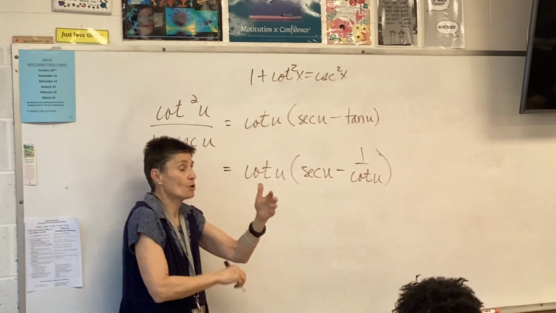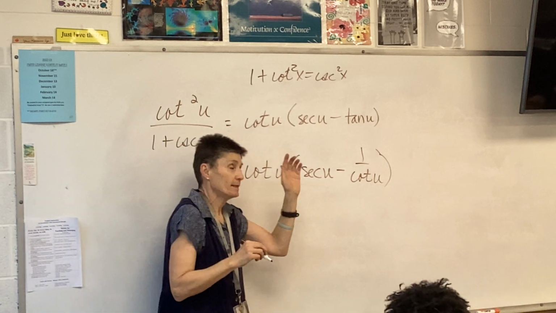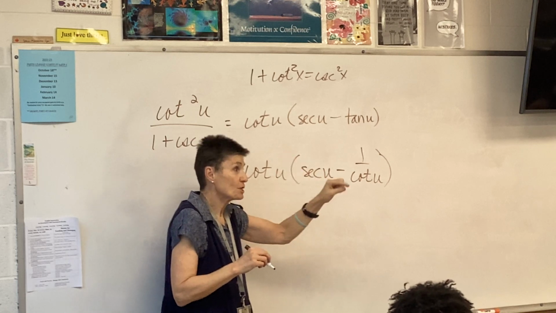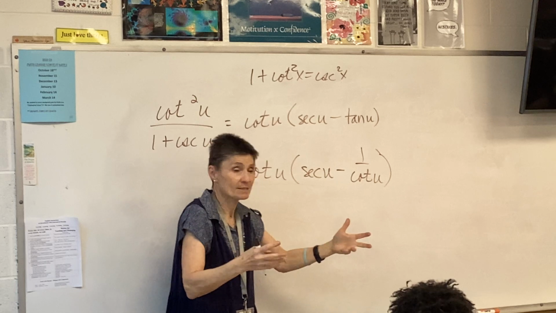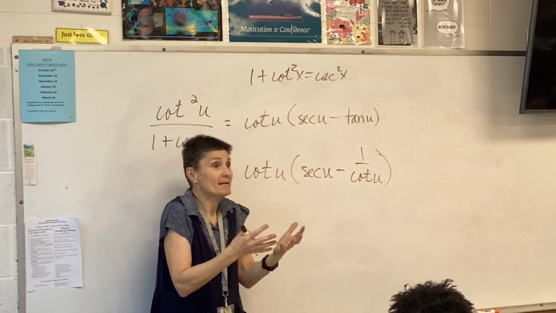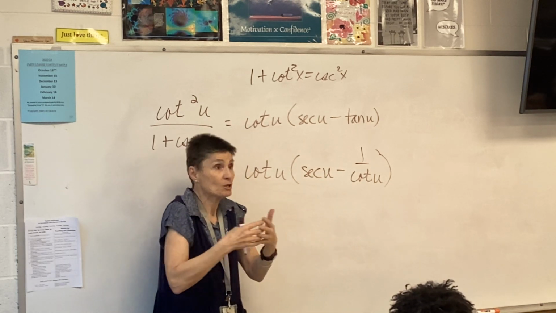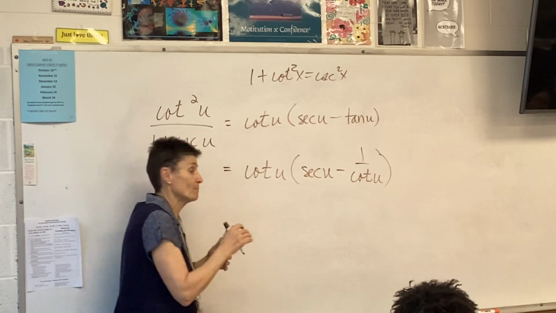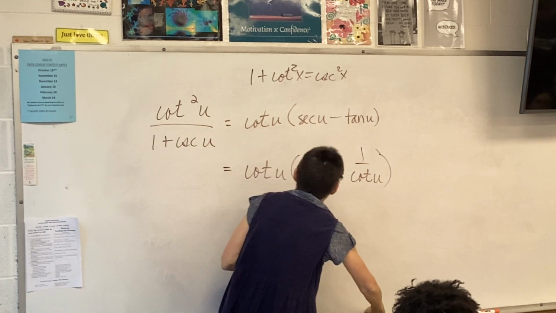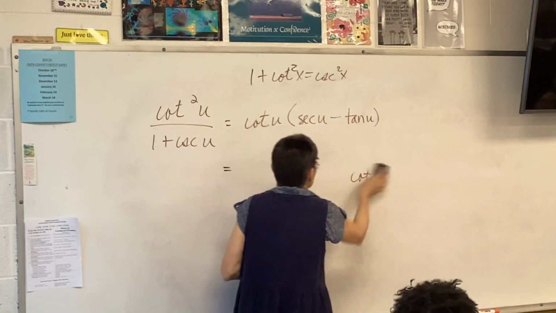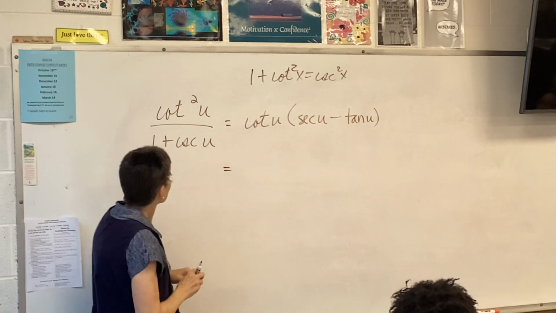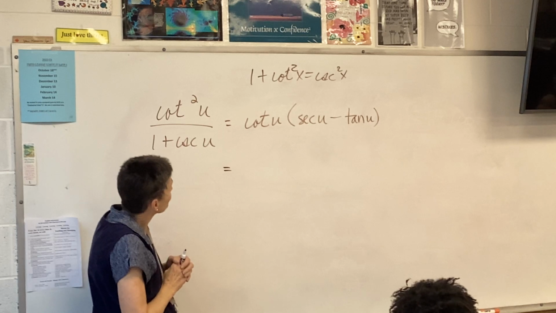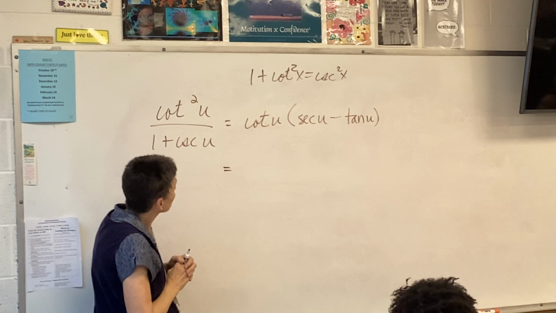So here's the deal, kids. As long as you're doing legal things, it's okay. But it may take you nowhere, and you may need to go back and come up with a different plan. Go ahead. On that plan, I was thinking, first you change your tangent to 1 over cotangent.